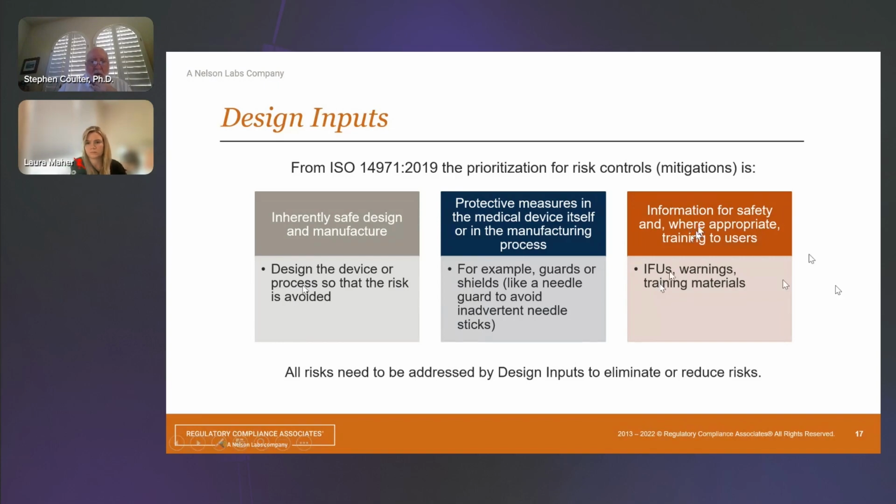So I'm going to give you a couple of examples now. Let's say my intent is to avoid unnecessary needle sticks in the hospital because everybody knows we can pass diseases with that. So if I want to do an inherently safe design, I'd go with a needleless connector. Connectors in between IV lines and IV bags.